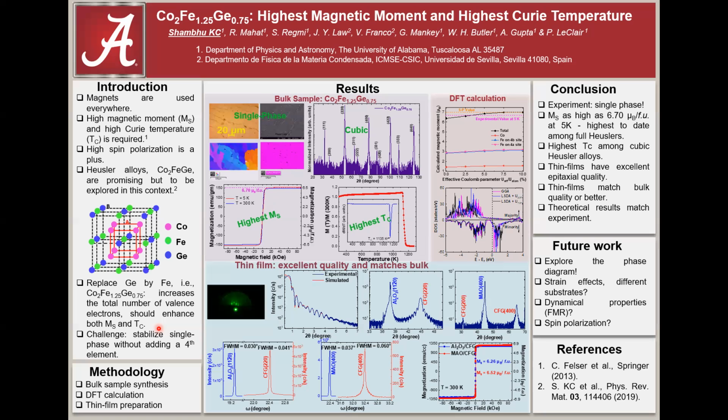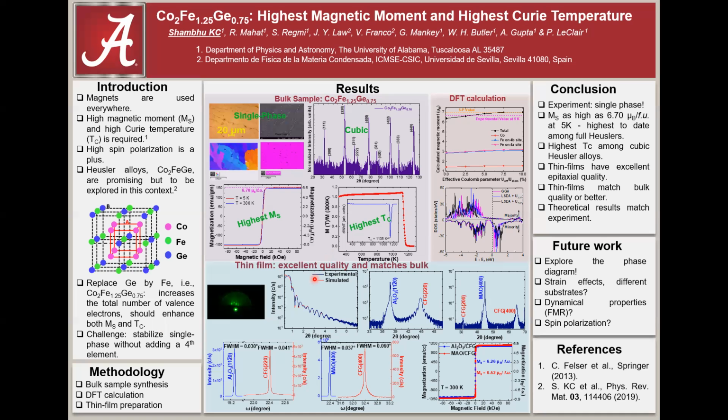So from the bulk sample synthesis and characterization, we see that Co2FeGe0.75Fe0.25, that is Co2Fe1.25Ge0.75, is a single phase. It is cubic, and it has the highest magnetic moment and highest Curie temperature among the Heusler family. And from the thin film fabrication and characterization, we see that the films have excellent quality and the properties match the bulk properties.